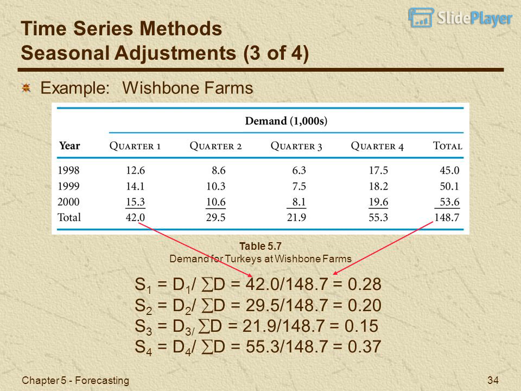S2 equals D2 over D equals 29.5 over 148.7 equals 0.20. S3 equals D3 over D equals 21.9 over 148.7 equals 0.15. S4 equals D4 over D equals 55.3 over 148.7 equals 0.37.